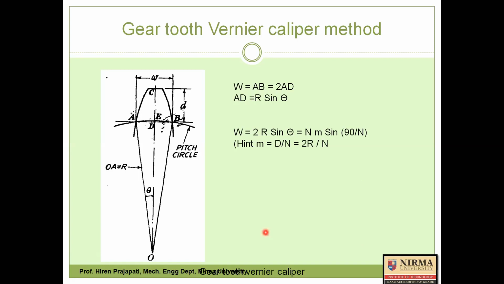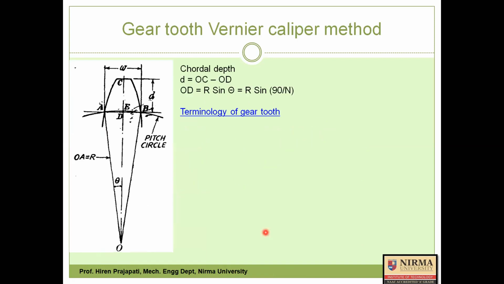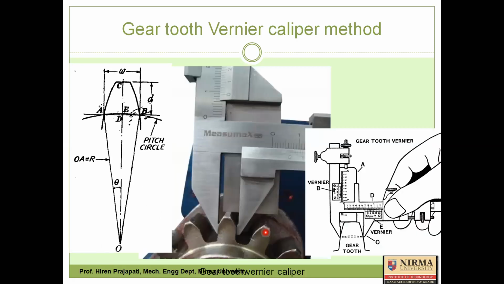Now what you need to do, just go to the previous diagram here. You need to set the theoretical D on vernier B. This is the movable jaw of vernier B. So you set the depth D here, and then place that movable jaw on the top end of the gear tooth, and now if you close vernier E, then that vernier E will measure the chordal gear tooth thickness.